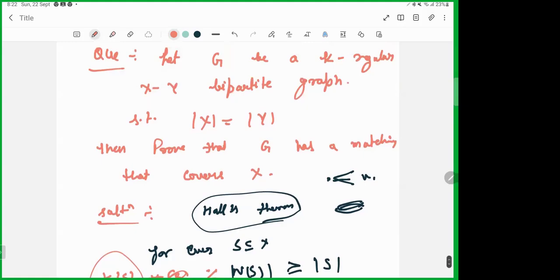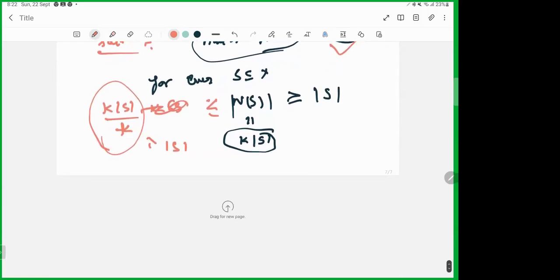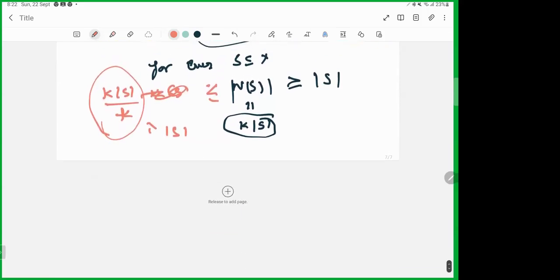So every k-regular bipartite graph G has this property. It is clear, right? Yes.